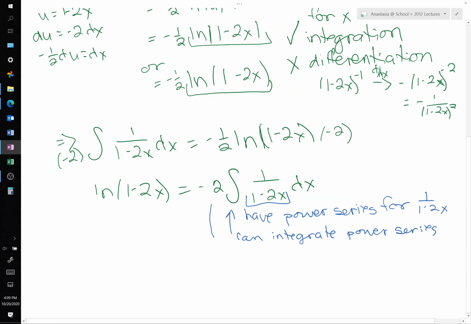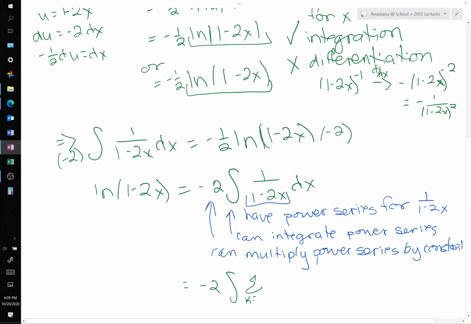And we can multiply a power series by a constant. So that means then that we can come up with a power series representation for the natural log of 1 minus 2x. So then, continuing with what we have, natural log of 1 minus 2x is equal to negative 2 times the integral of this. So we're going to have negative 2 times the integral of the power series that we had.